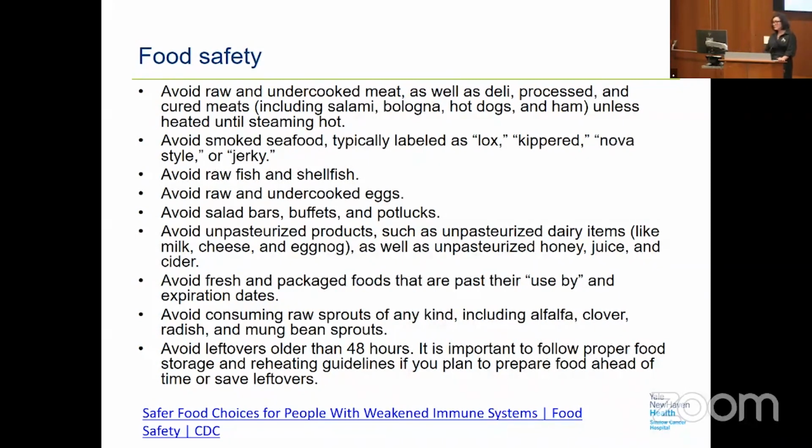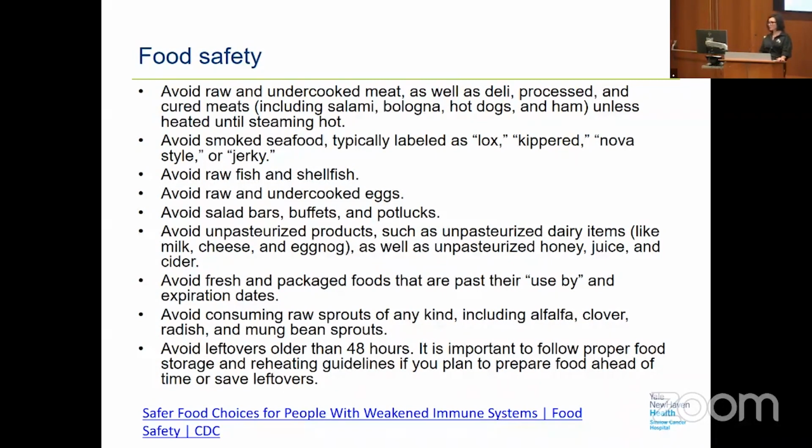And the reason for that is that the most common foodborne bacteria are things like Listeria, norovirus, Salmonella, and those types of bacteria are commonly found in some of the foods I'll be talking about. And these are the foods that generally need to be avoided. And again, I'm really talking about the most immunocompromised.